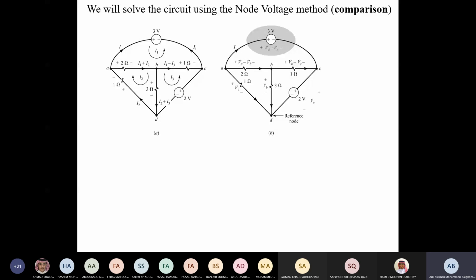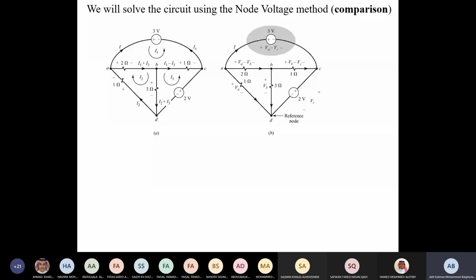A question that arises sometimes is this: which method? We already saw that when we derive the mesh equations, we put them in a matrix form, but this is similar to nodal analysis also. So if I have this problem, which is the same problem as the previous one, do I solve it using mesh analysis or nodal analysis?